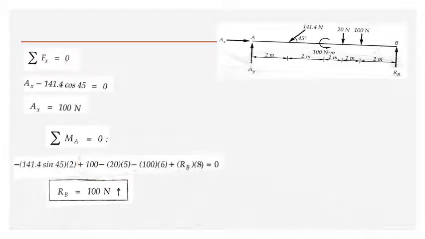Next is the remaining condition. Sigma Fy is equal to 0. Apply that. What are the vertical components? AY, the vertical component of the 141.4 Newton, that is 141.4 sin 45, and the 20 Newton and the 100 Newton. Don't consider the moment here.